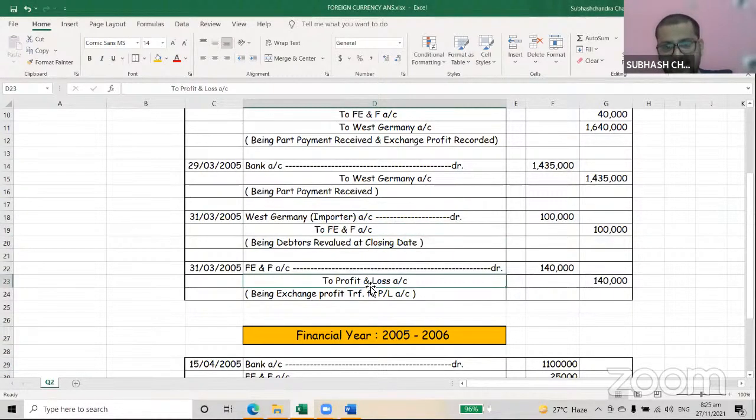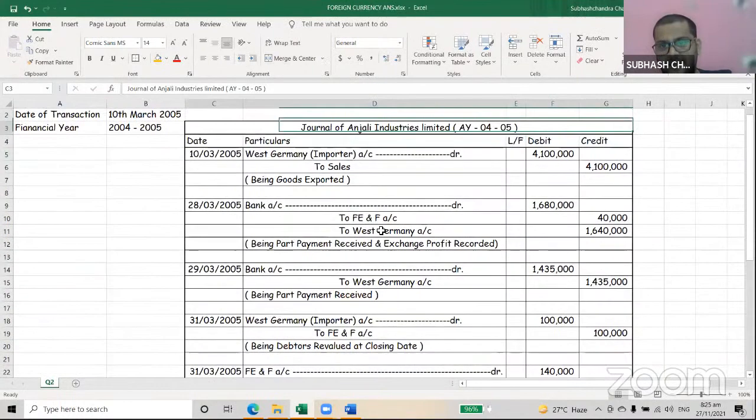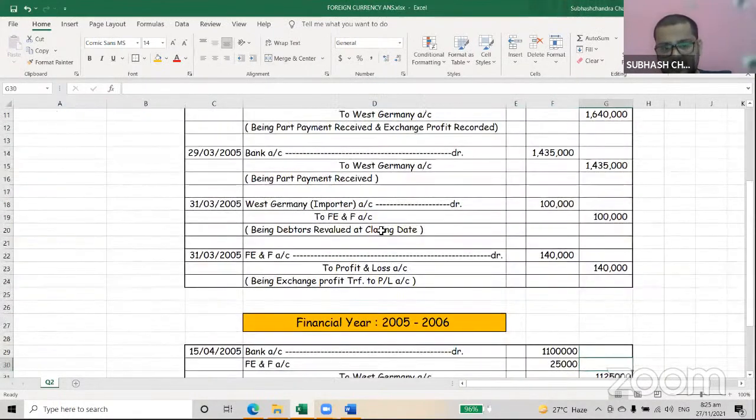Now in the second entry, we will consider the FEF account. Here FEF account 1 lakh rupees credit, and here 40,000 credit. So total 1,40,000 credit. We want to transfer it to the profit and loss account, so we debit the FEF account and credit P&L account. This is how we will transfer it. Now understood, Syam?